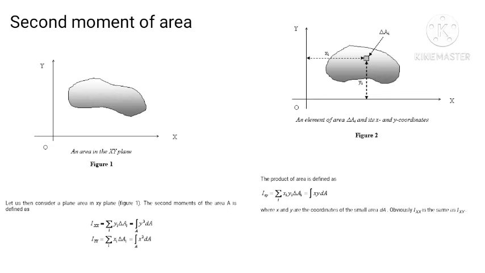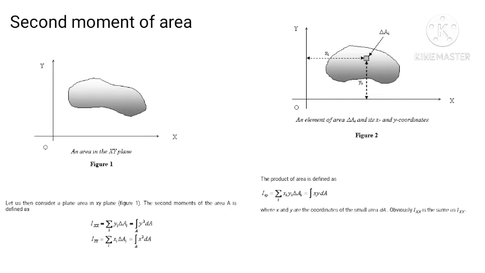Let's take a body lying on the xy plane, as you can see in figure 1. Let us consider an xy plane. The second moment of area A is defined as Ixx = summation of y² delta A, which gives the integral over A of y² dA.